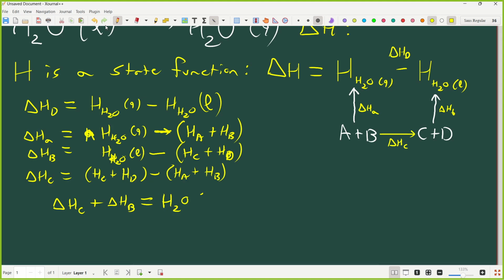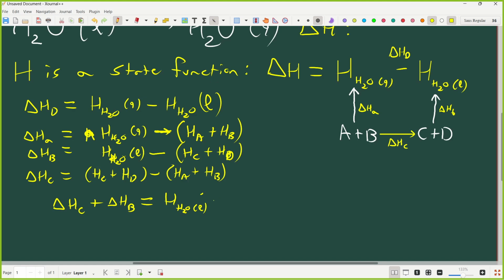minus the enthalpy of A plus B. That's the other term from HC that's left over. And we can get rid of that term by adding to it HA.